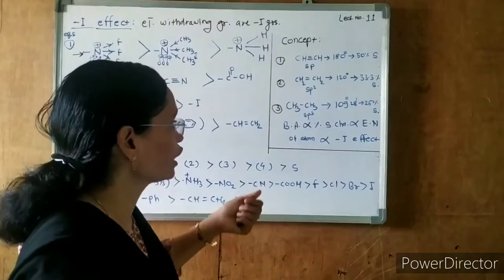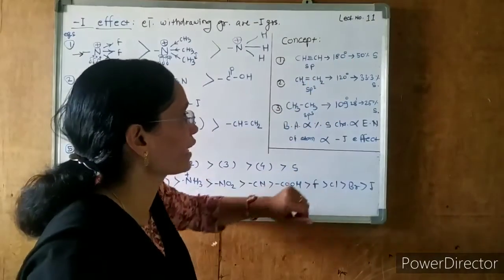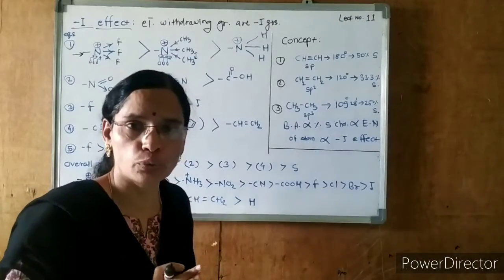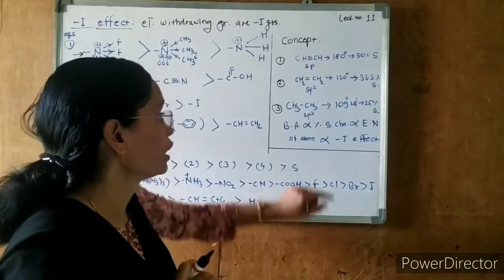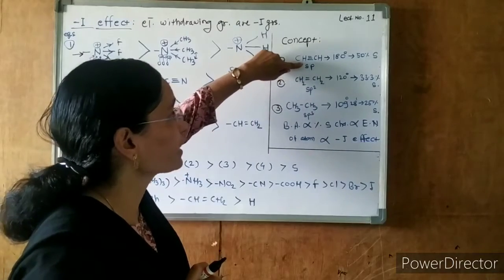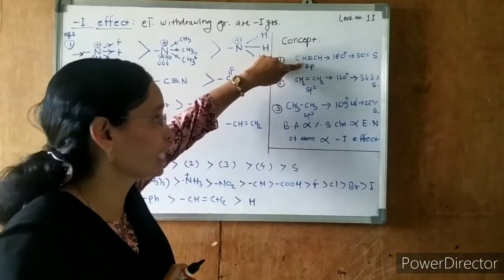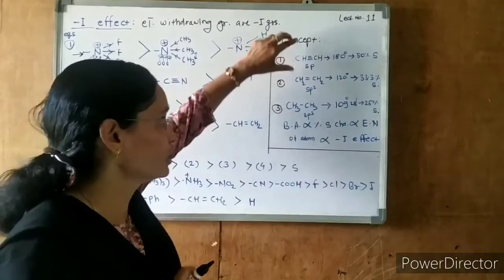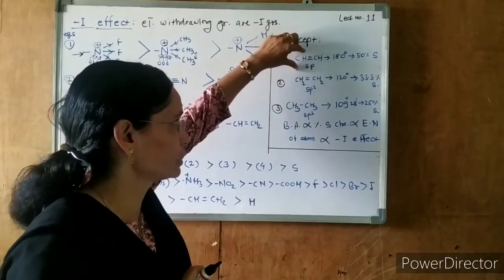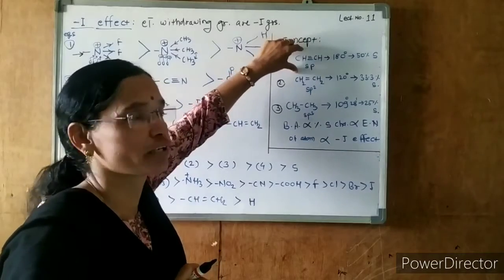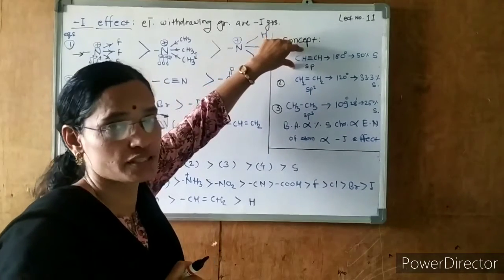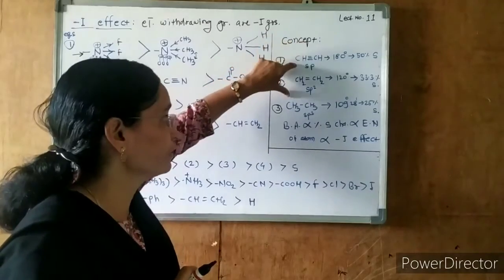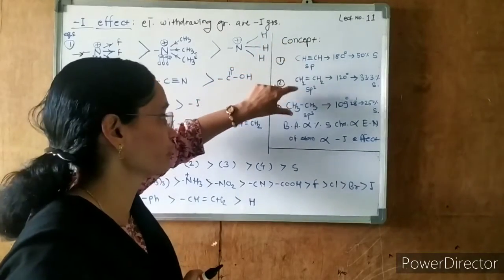Bond angle is directly proportional to the percentage of S character, and the percentage of S character is directly proportional to the electronegativity. The sp carbons have more electronegativity than sp2 carbon, which has more than sp3 carbon. In CH triple bond CH, both carbons are sp hybridized, and these are more electronegative than this, and these are more electronegative than this.